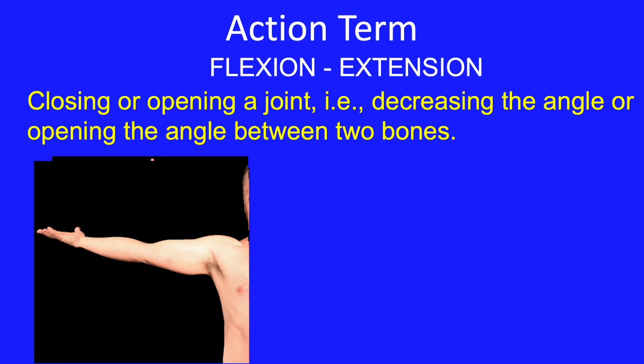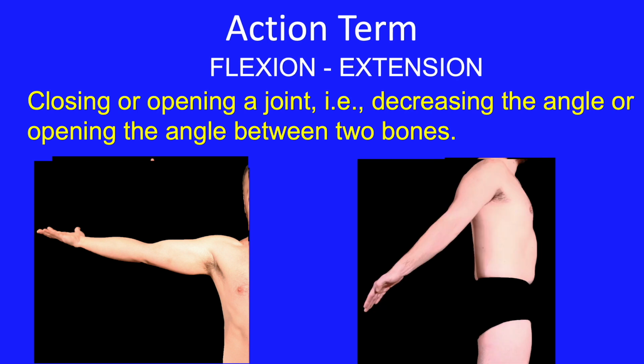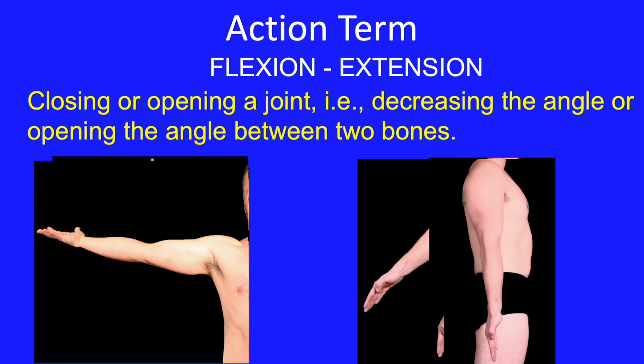Extension, however, does not necessarily only occur at the elbow joint. We can also extend our shoulder joint and as well flex our shoulder joint. Indeed, if you think about it, you can both extend your shoulder joint and flex your elbow at the same time.